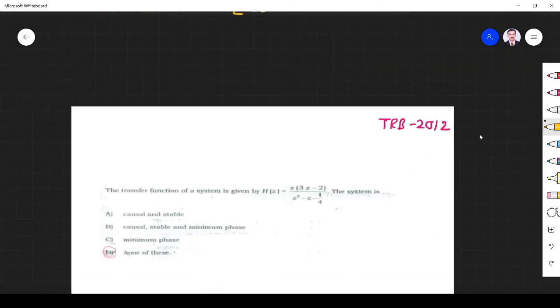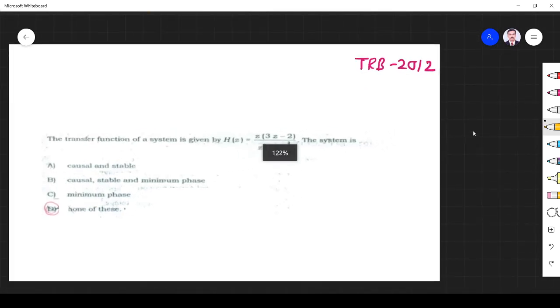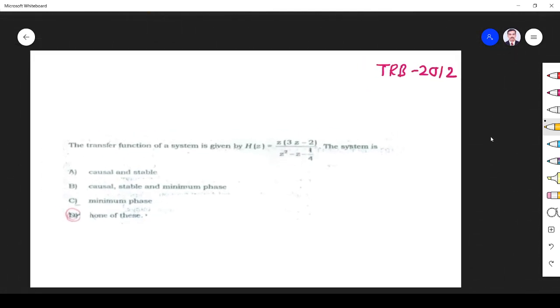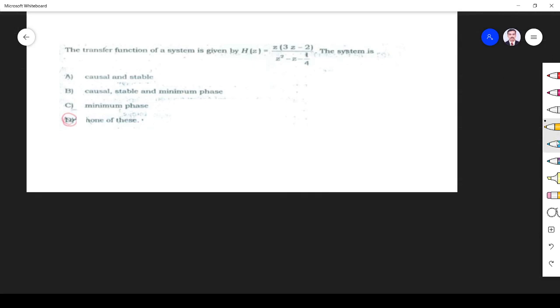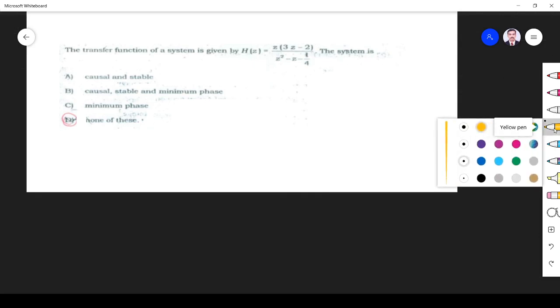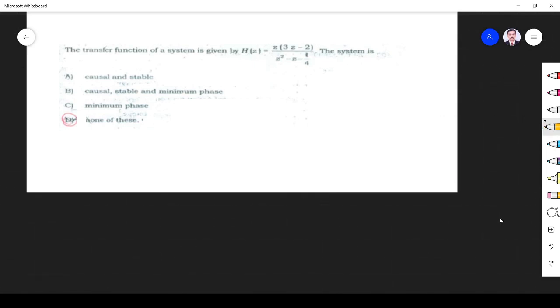Next, what is the question? The transfer function of a system is given by H of z is equal to z into (3z minus 2) divided by (z squared minus z minus 1 by 4). The system is... So what they gave is the transfer function. They asked whether the given system is causal, stable, or minimum phase, or none.